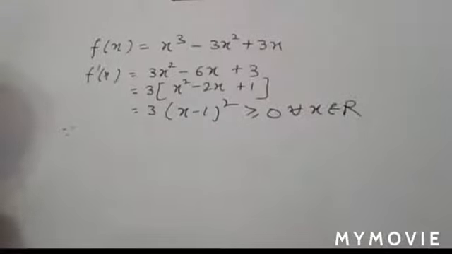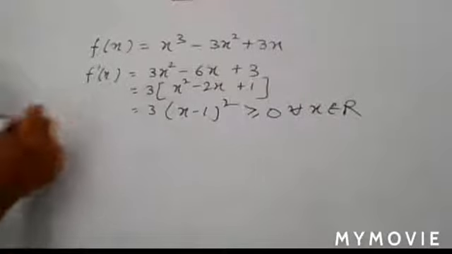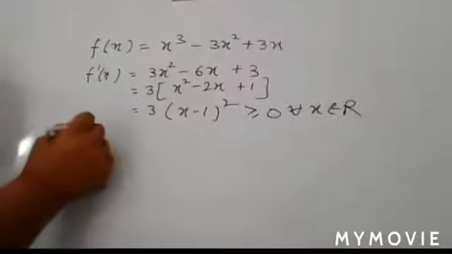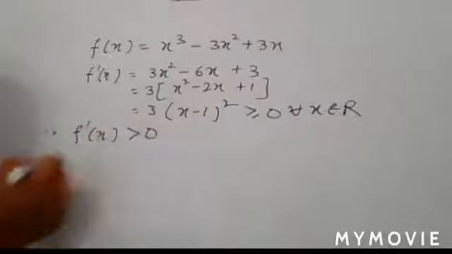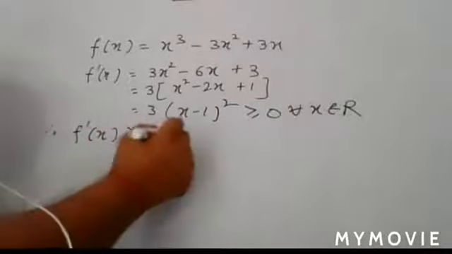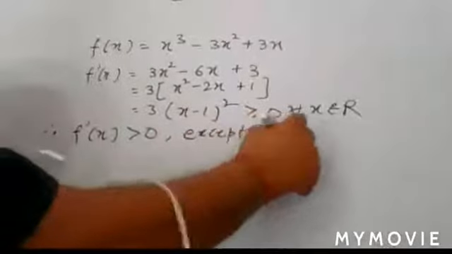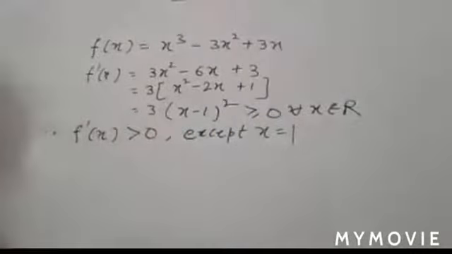Here you have greater or equal to 0. So hence f dash x is greater than 0, that is positive, except at x is equal to 1.